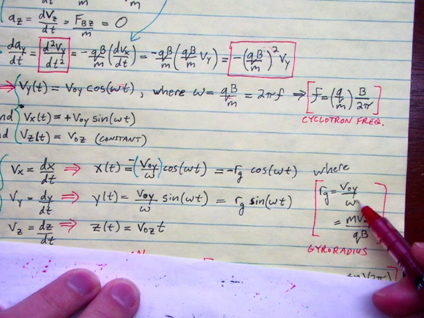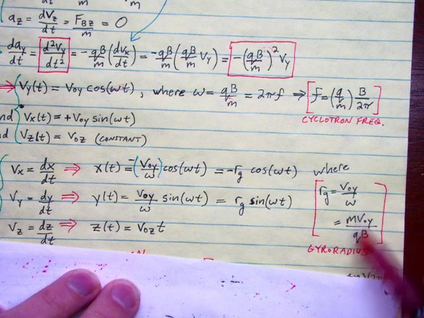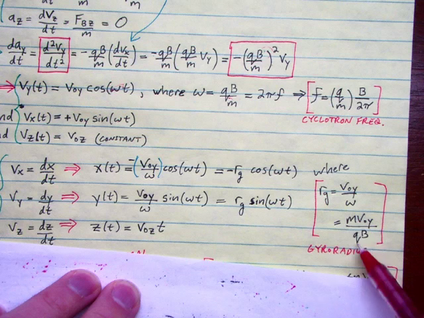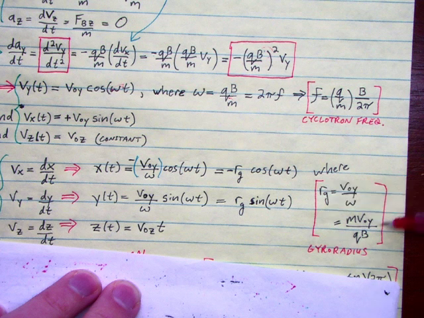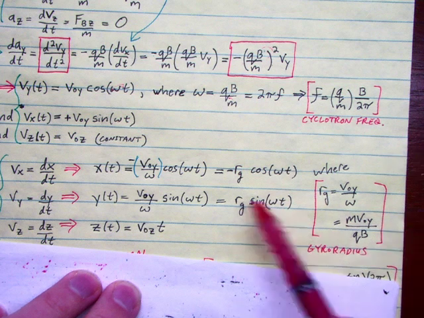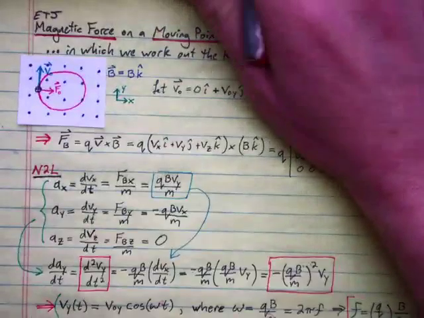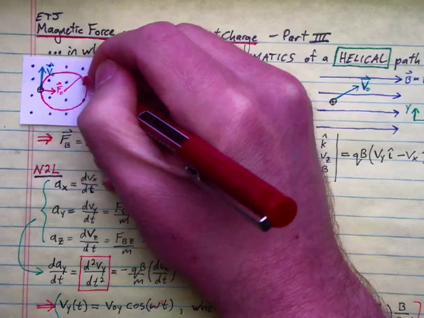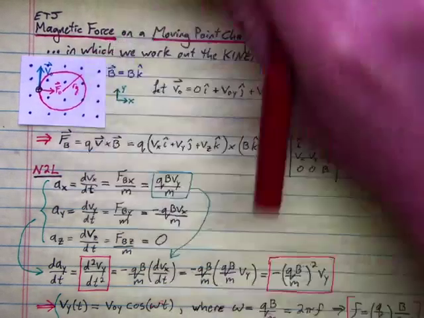V naught y over omega, we know that omega was qB over m, so plug that in, and we've recovered our expression for the gyro radius, noting that the speed that it actually depends on is the y component of the speed, or the component of the velocity in the plane perpendicular to the B field. And that's our gyro radius, RG, right there.